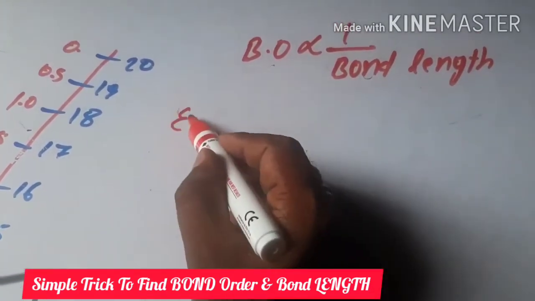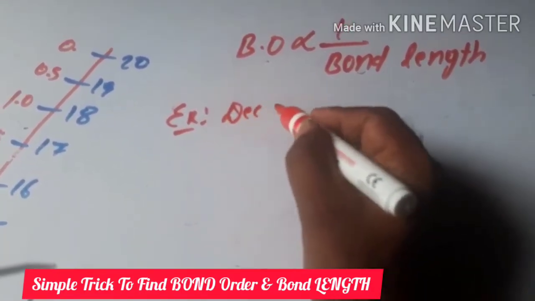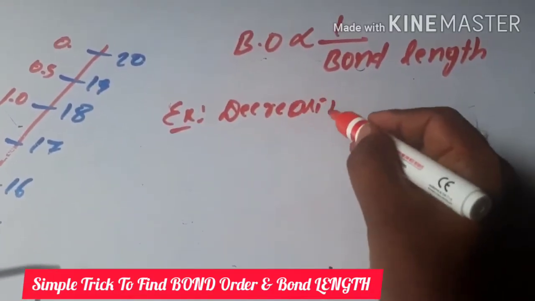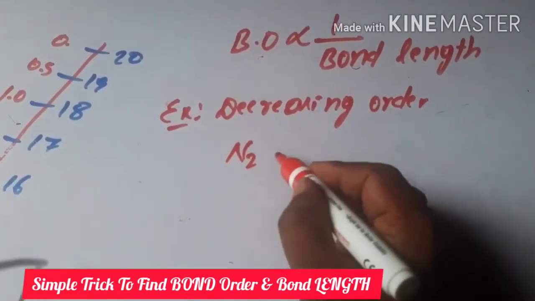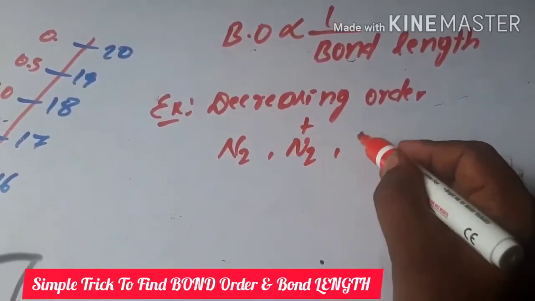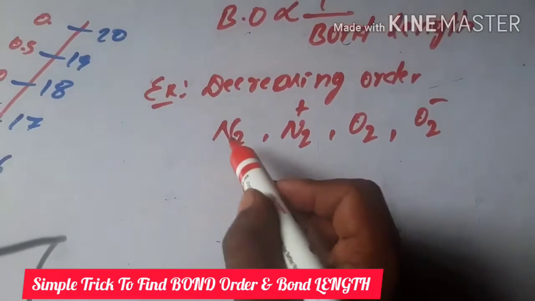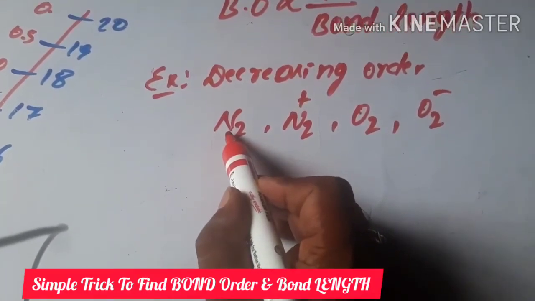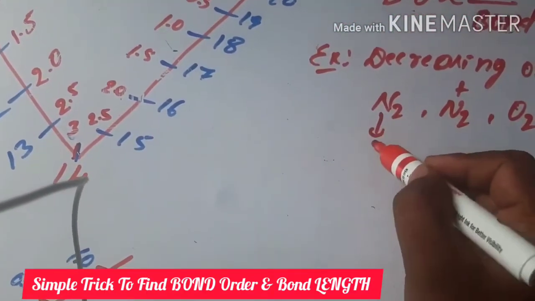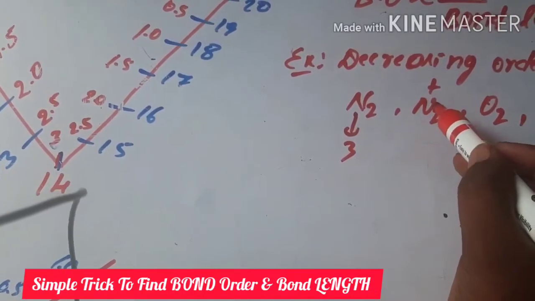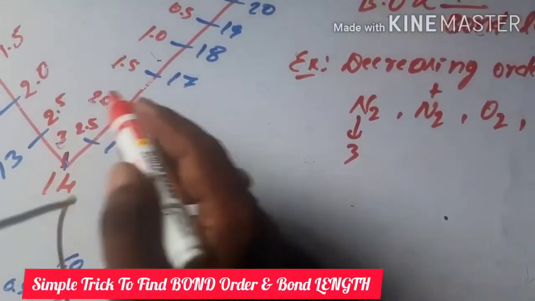For example, if you are going to arrange the molecules N2, N2 plus, O2 and O2 minus in decreasing order, we can determine the bond order first. So 7 into 2, 14 electrons. 14 electrons means bond order 3.